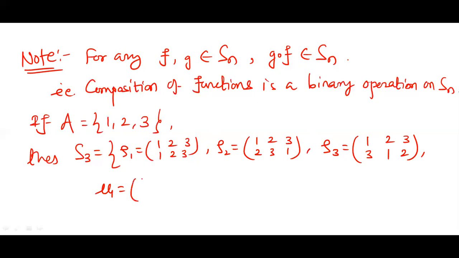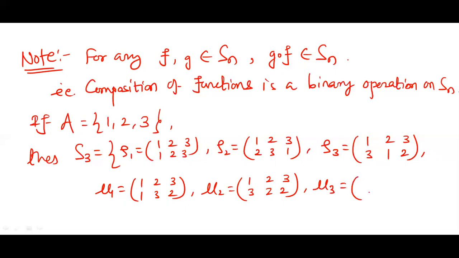Mu1 is equal to a permutation in which 1 maps to 1, 2 maps to 3, 3 maps to 2. Mu2 is a permutation in which 2 maps to 2, 1 maps to 3, 3 maps to 1.